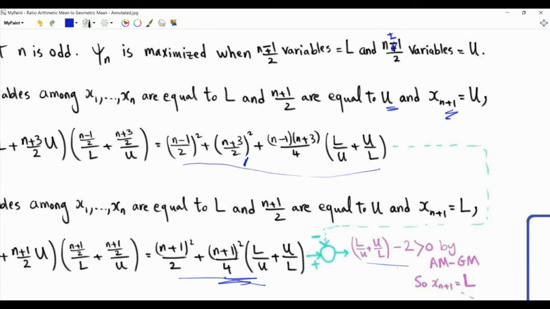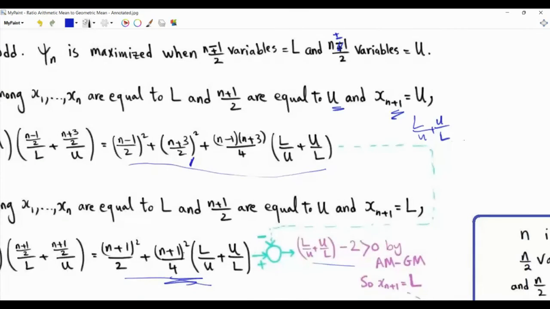Now we can actually make a judgment regarding this quantity. This quantity is indeed greater than 0, because L/u plus u/L, by the arithmetic mean geometric mean inequality, is greater than or equal to double the square root of the product, and the product is equal to 1. So L/u plus u/L is greater than or equal to 2.